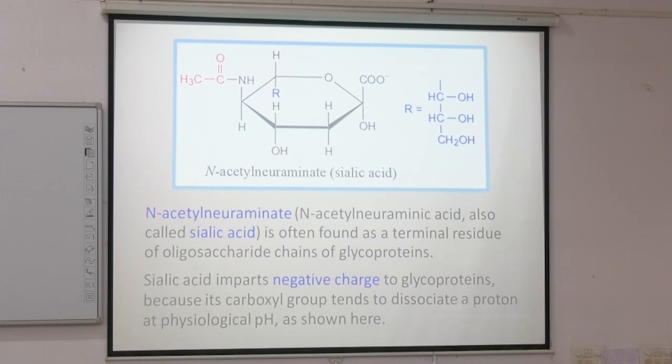This acid is called neuraminic acid. Two, three, four, five, six. 6 carbon, correct? But N-acetyl neuraminate, sialic acid. This is found in where? In blood groups, blood group antigens. Very, very important.